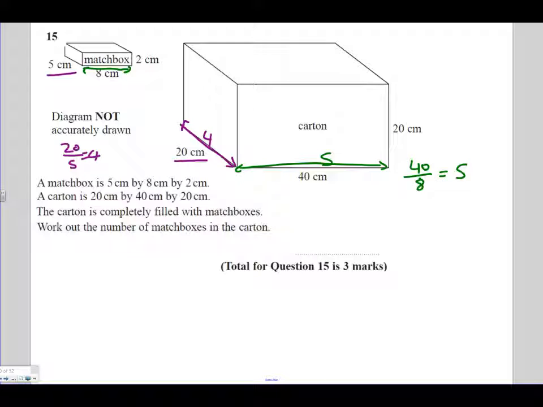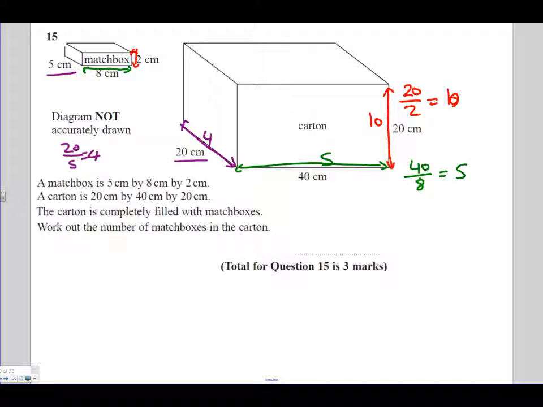So we would get 5 matchboxes across the front of our carton. And finally, the height of our matchbox is 2 centimeters. The height of our carton is 20 centimeters. So 20 divided by 2 tells us we'd get 10 matchboxes stacked on top of each other in our carton.